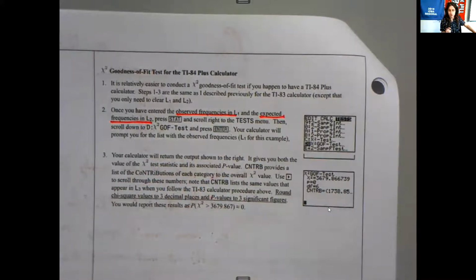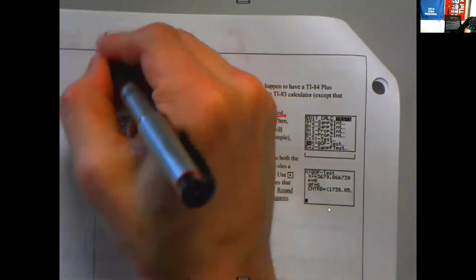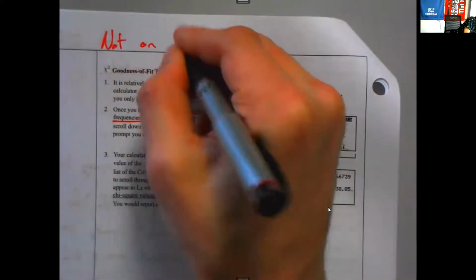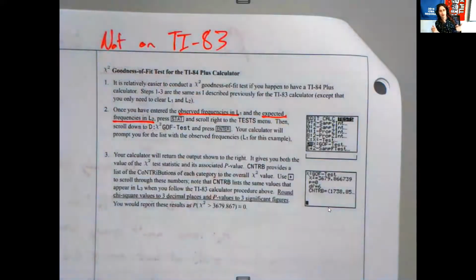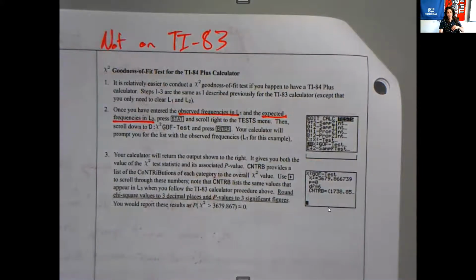Those of you who don't have a TI-84, you might need to check one out. This is not on your TI-83. TI-83s don't have this program. So if you want to have the goodness of fit function on your calculator, you're going to need to check out one of the TI-84 pluses from the library, or you're going to have to do it by hand.